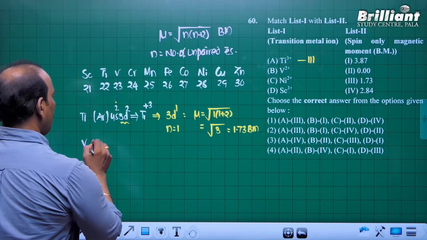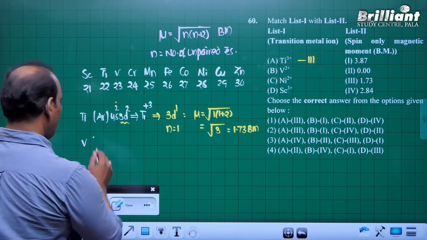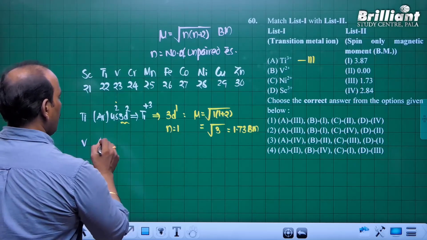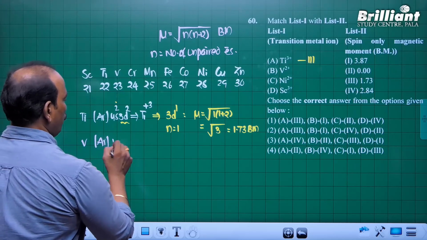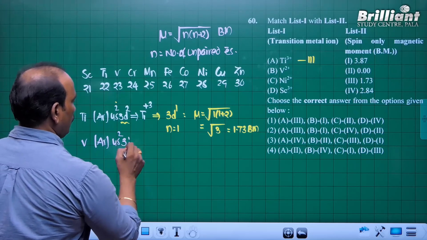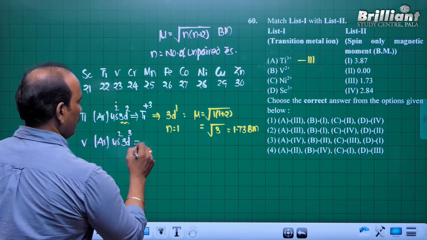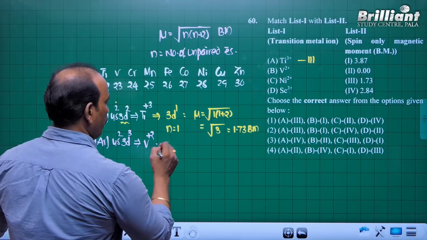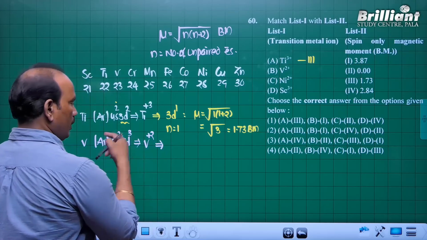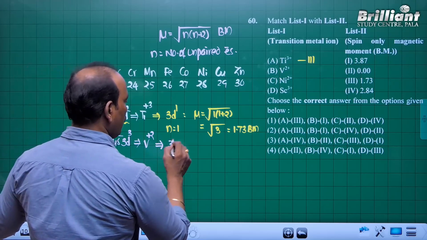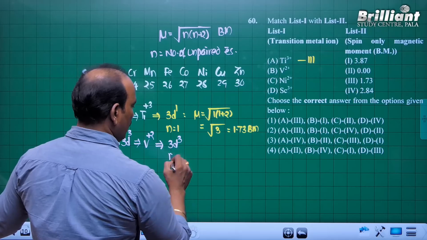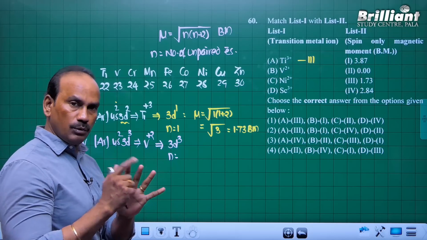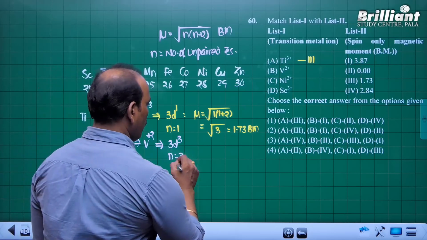Now the second one is vanadium. Vanadium's atomic number is 23: argon core 4s2 3d3. We require vanadium plus 2, so loss of 2 electrons. Here is the d3 configuration. What is the n value? 1, 2, 3. So n equals 3.